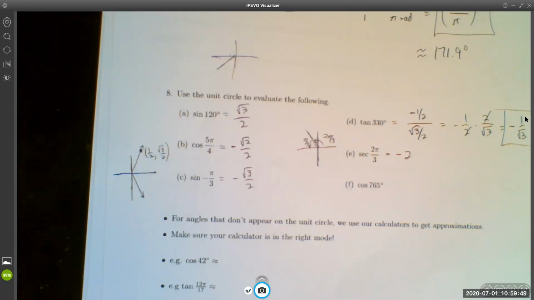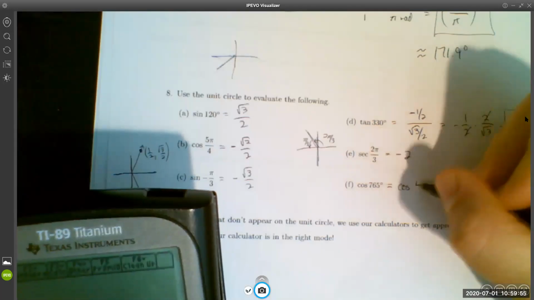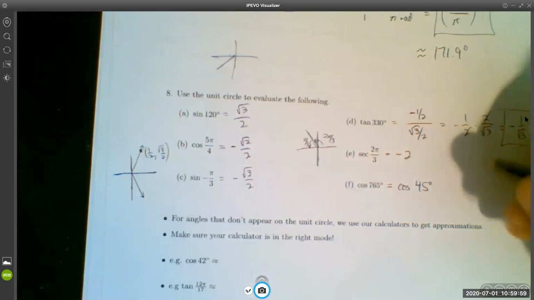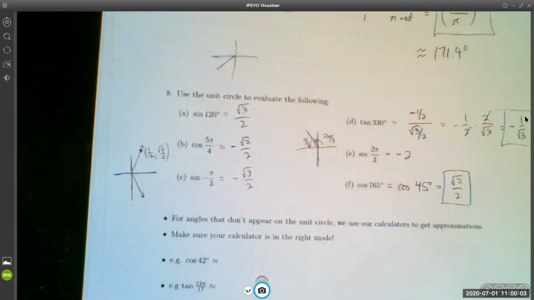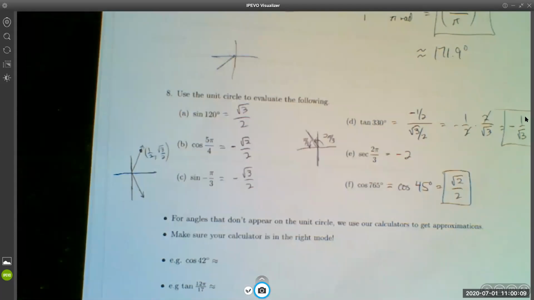That's 405. That's still more than 360, so I'm going to subtract again. So this should be the same thing as cosine of 45 degrees. And cosine of 45 degrees is root 2 over 2. Okay, I just have that memorized, again, because I have the unit circle memorized, or at least quadrant 1 of the unit circle memorized. So that's how that works.